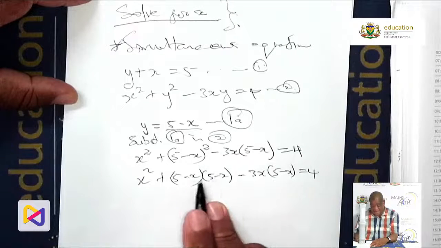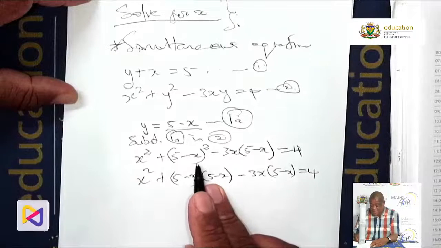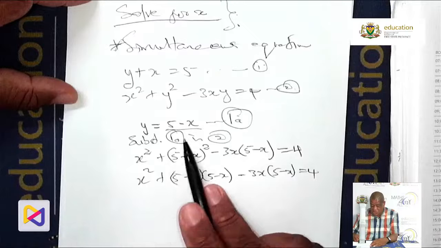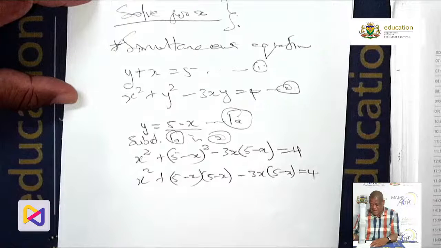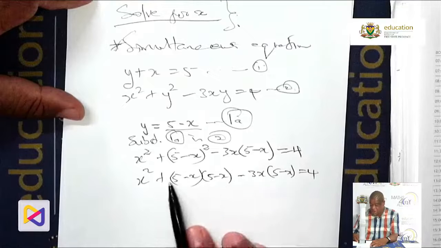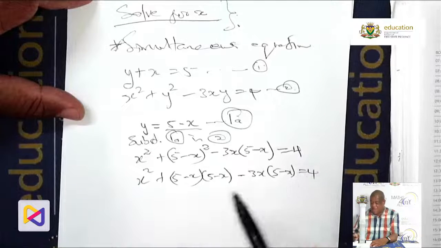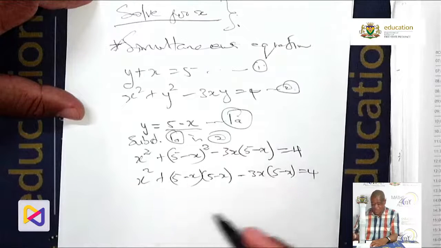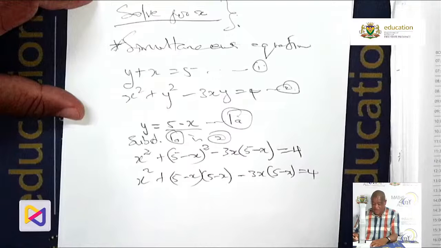Have your 2 brackets like that, because we make mistakes in trying to square the first and square the last, and that is definitely not giving the correct answer. But once we have the 2 brackets, then you are going to use your FOIL method in working it out, and then from there you will be working it out and getting the values.